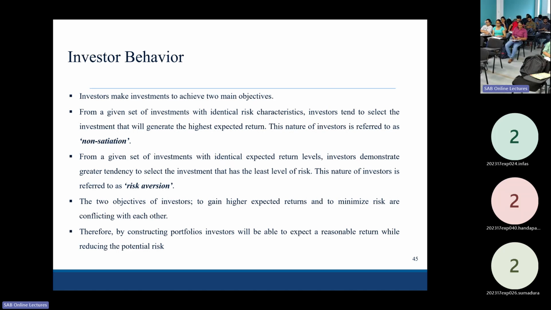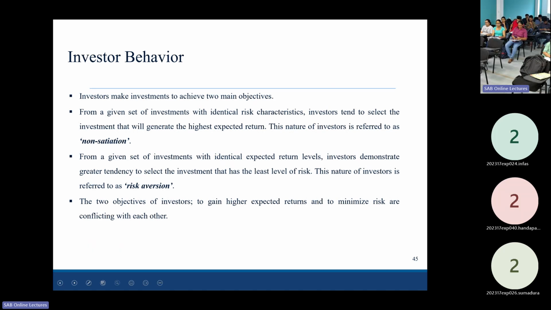Right. So before starting that, investors make investment to achieve two main objectives. Normally, as an investor, you are trying to achieve certain objectives by investing. According to portfolio management theory, there are two objectives. One we call non-satiation, and the other one is risk aversion.